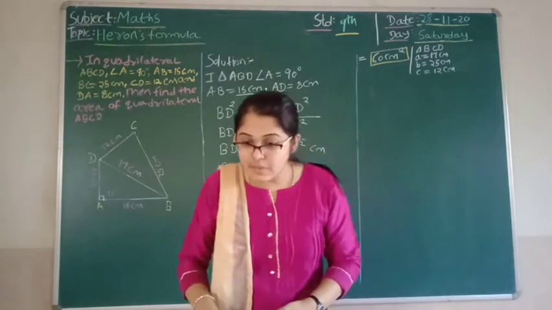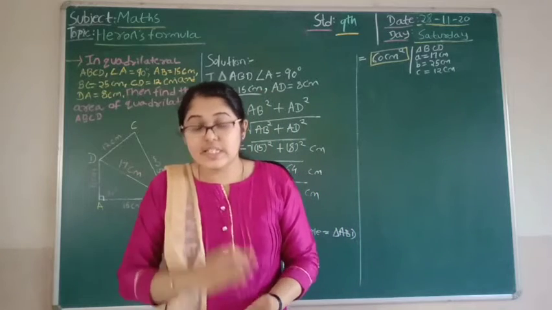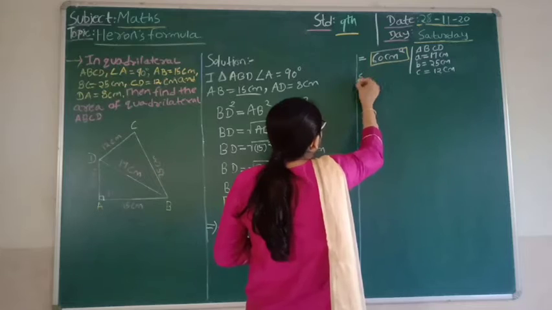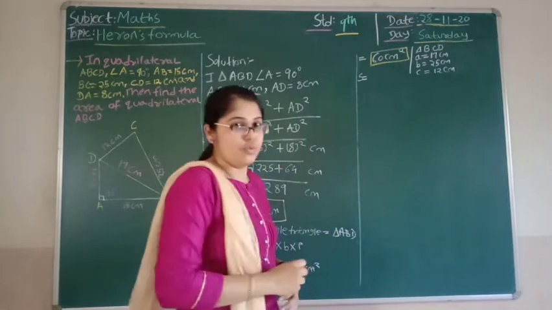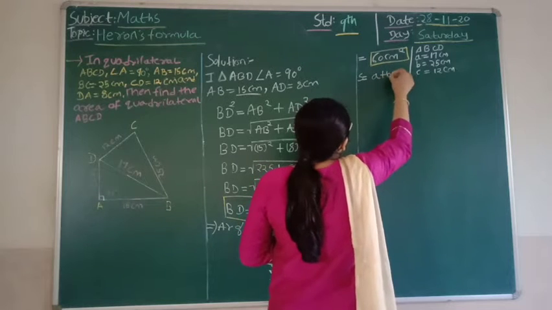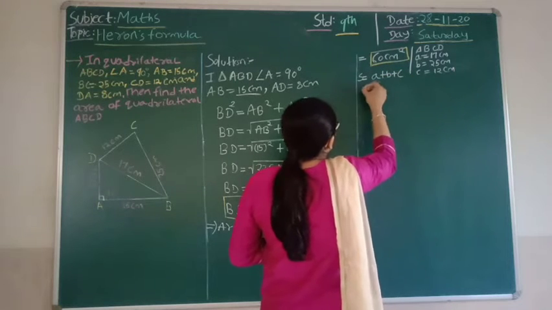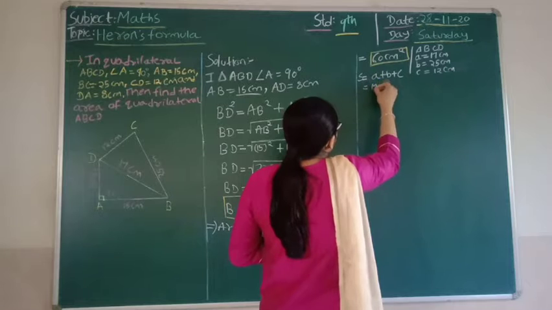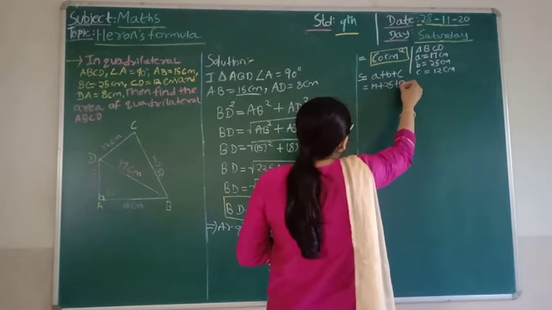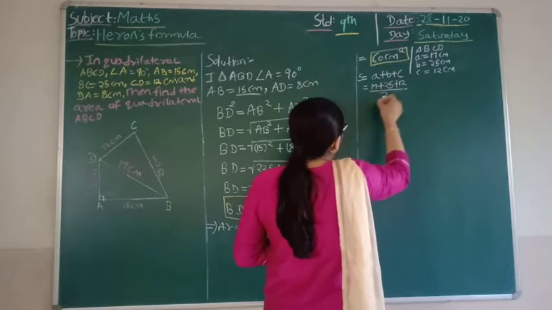What the next step is, you need to find the semi-perimeter. So I am writing over here S, that is semi-perimeter, equals A plus B plus C, which is nothing but 17 plus 25 plus 12, whole divided by 2.